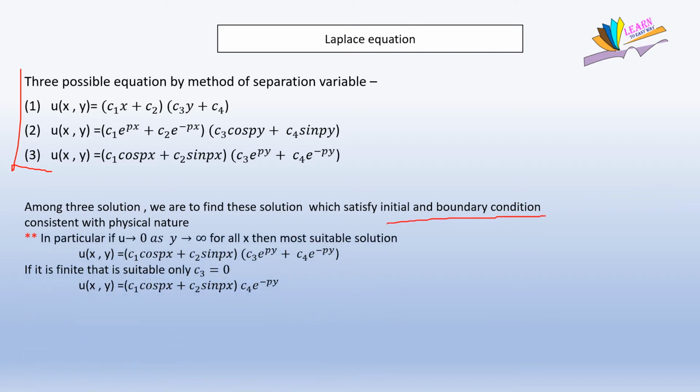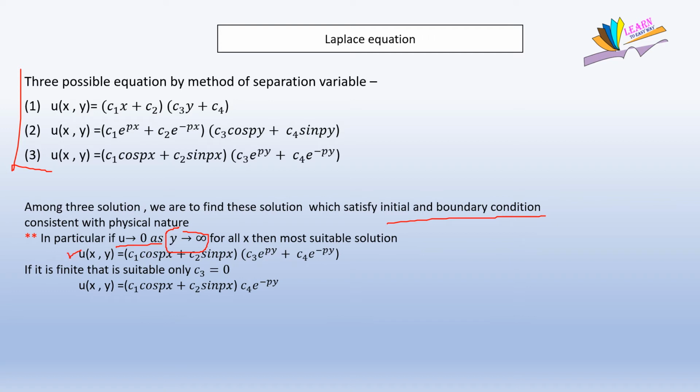In particular, if u tends to 0 as y tends to infinity for all x, then the most suitable solution is u of xy is equal to c1 cos px plus c2 sin px into c3 e to the power py plus c4 e to the power minus py. So when y tends to infinity and u is 0, this is our most suitable solution.